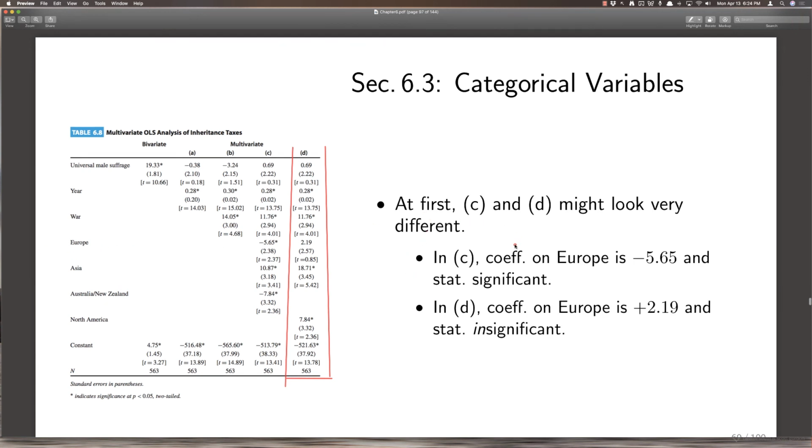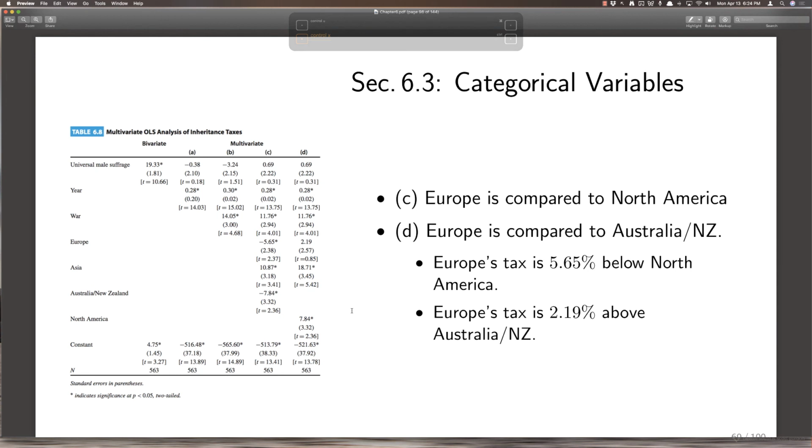So C and D are the same. They have the same information, even though these coefficients for Asia are different. Remember, it's because we've used a different drop category. But we're not going to interpret them anyways because they're control variables, so you don't have to worry about that too much.